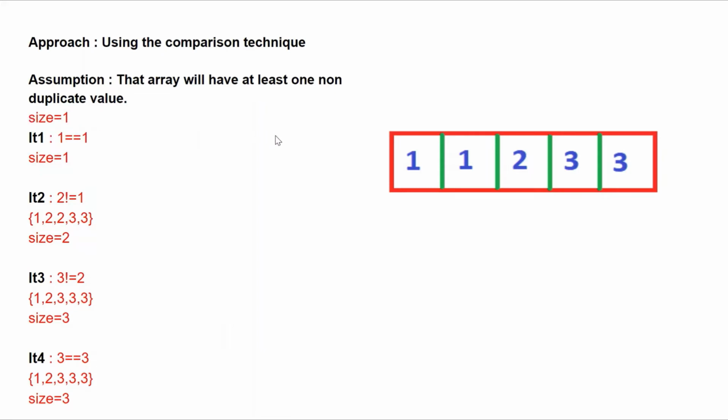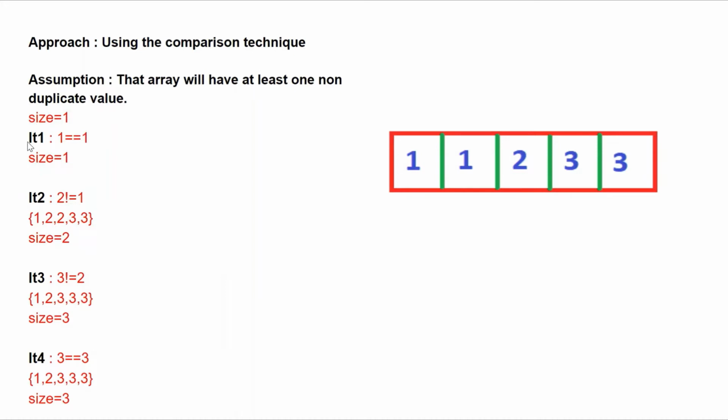When we start the array traversal, our iterations will start from the second array element. As soon as we find any non-duplicate value, we copy that non-duplicate value to the array index size, that is, at the size index we copy that value, and then we increment the size index. If there's a duplicate value, we simply ignore it and move to the next iteration.